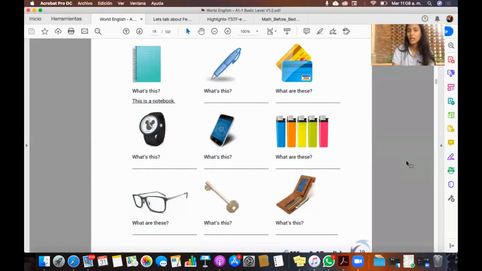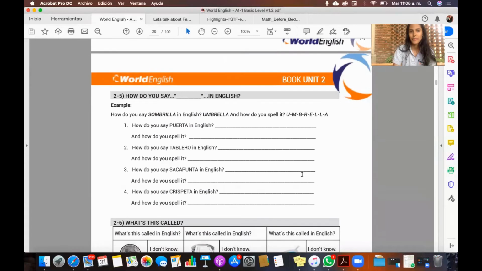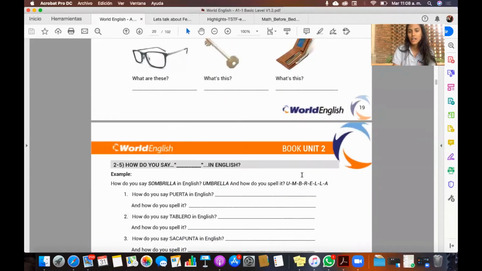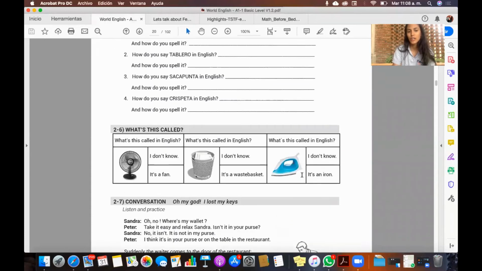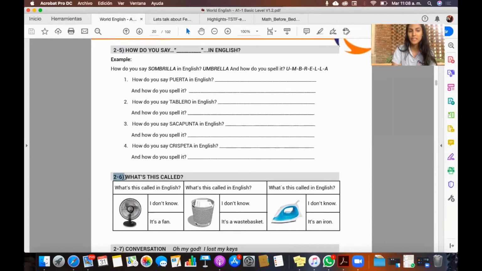Empieza el nombre por vocal o por consonante. Okay, so you do page 19, and the exercises 2.5 and 2.6, okay?